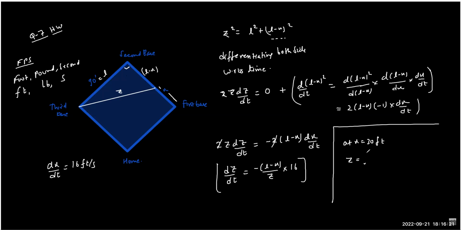So Z will be the square root of 90 square plus (90 minus 30), which is 60, square. 90 square and 60 square: 8100 and 3600, that is 11700, which is 100 times 117. That's a really bad value. Anyway, the answer will become minus 60 upon 10 root 117, into 16.